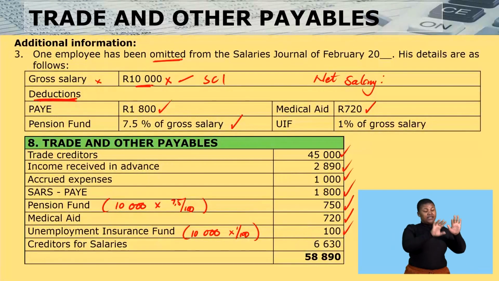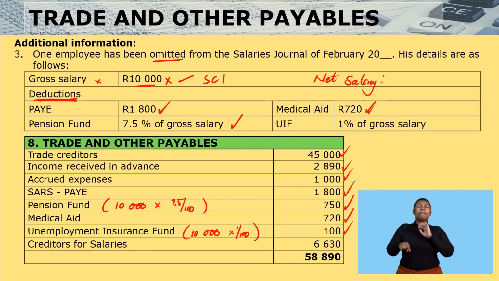In that case, for us to get the net, we have to say our gross, 10,000, minus, have your calculators close now, minus your pay as you earn, 1,800, minus your pension fund, 750, minus your medical aid, 720, minus your UIF, which is 1%, 100.